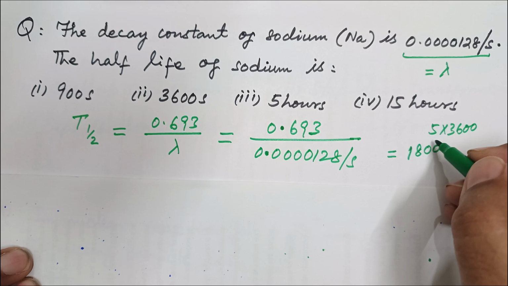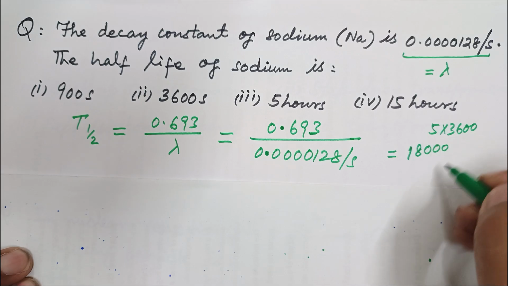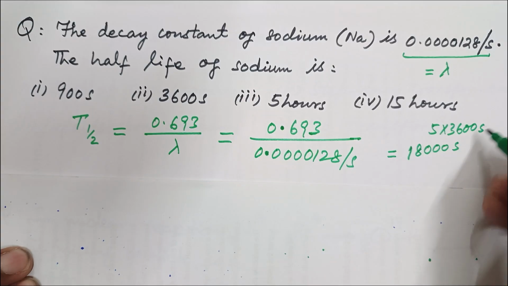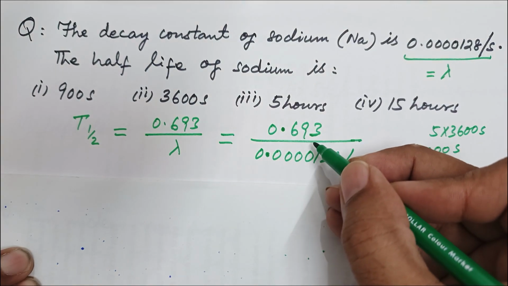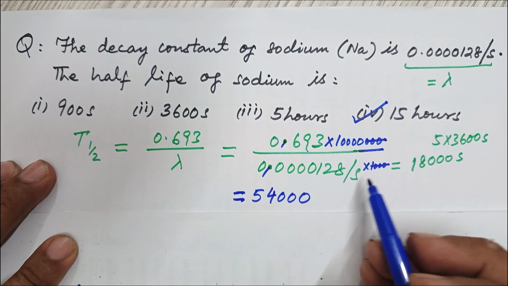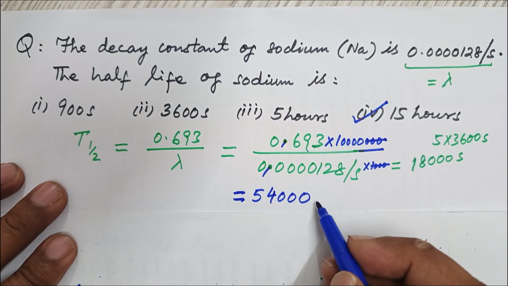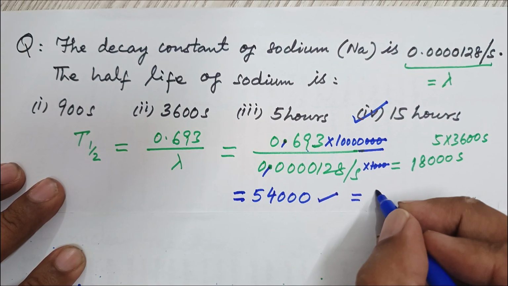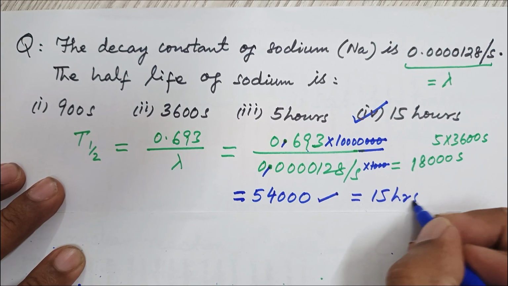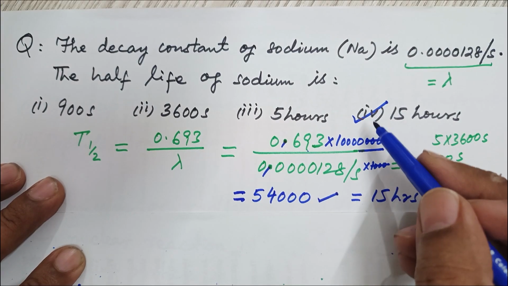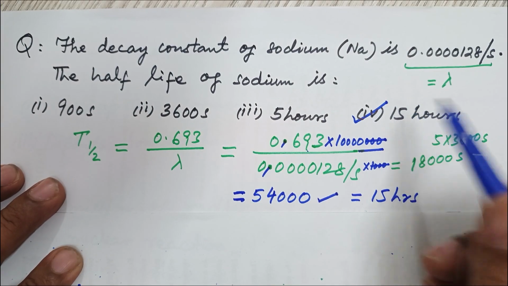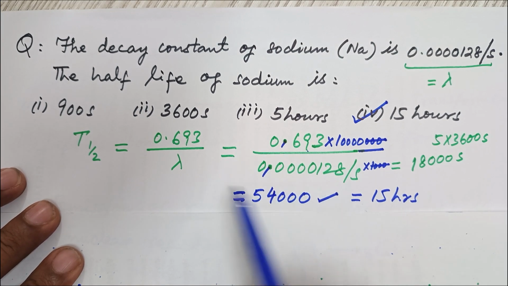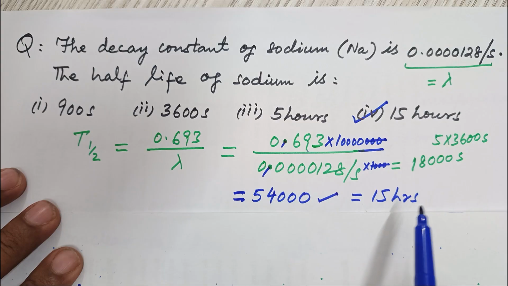When you convert 5 hours into seconds, it will become 18,000 seconds. Here your answer will become more than this, and this is equivalent to 15 hours. So the correct option is 15 hours, as I told you that this can be solved immediately without any calculations.